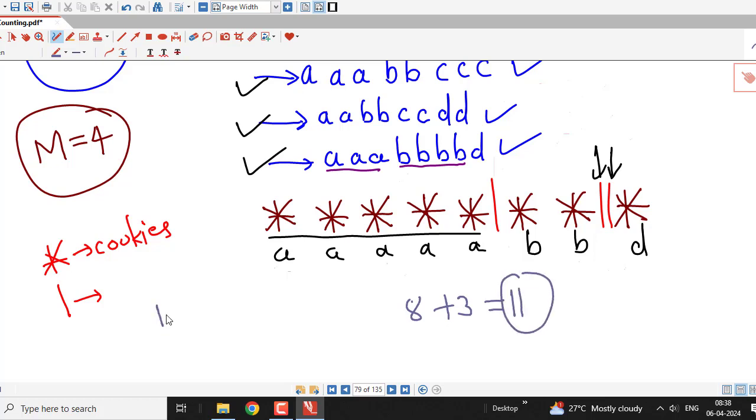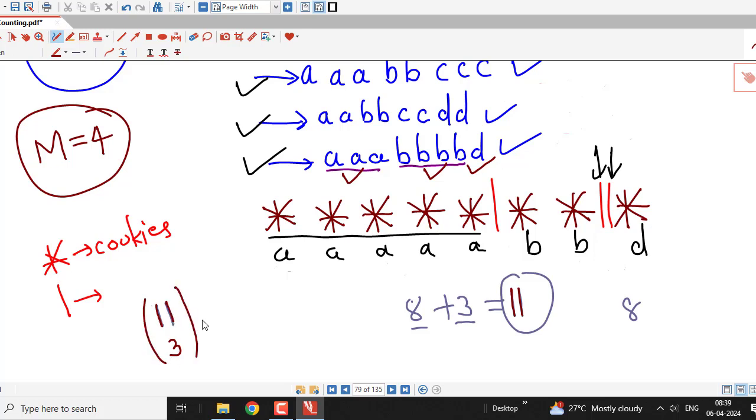There are total 11 positions here. We have 8 stars and 3 bars, that is total 11 positions. So by changing the position of these bars among all these 11 positions, it is possible to write all possible ways of selecting 8 cookies. So I have to select 3 positions out of total 11 positions.